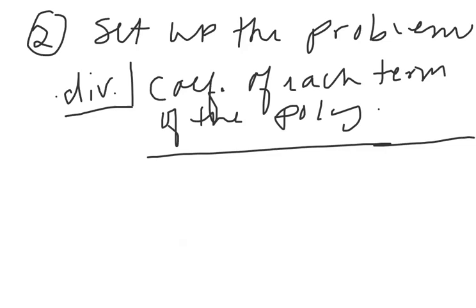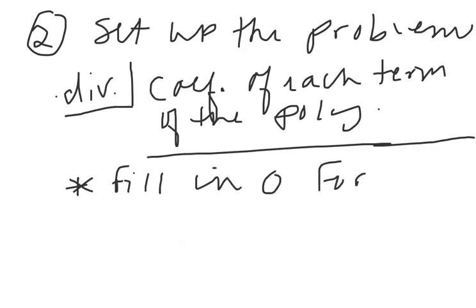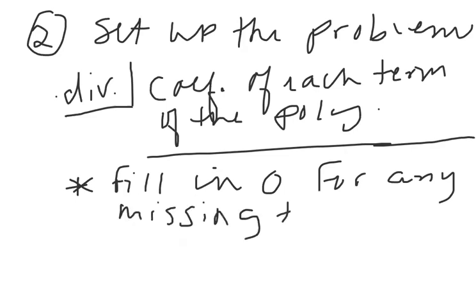Now, be careful, guys. If you're missing a term, a power, you're going to have to fill in 0 for that missing term or power to hold its place value.